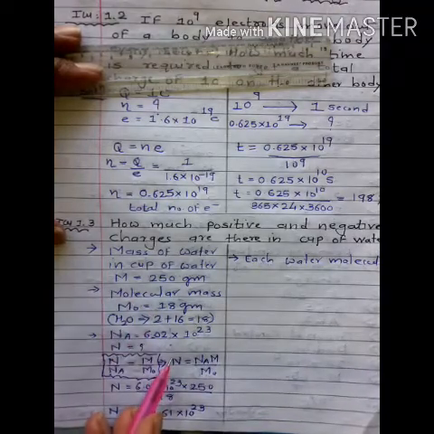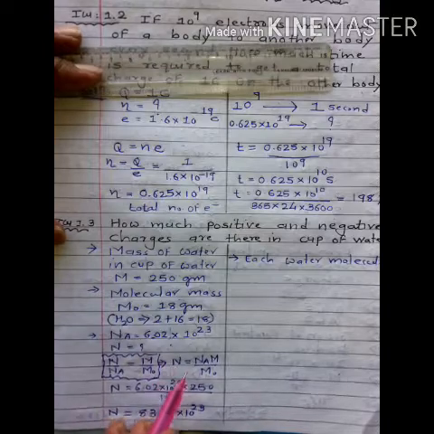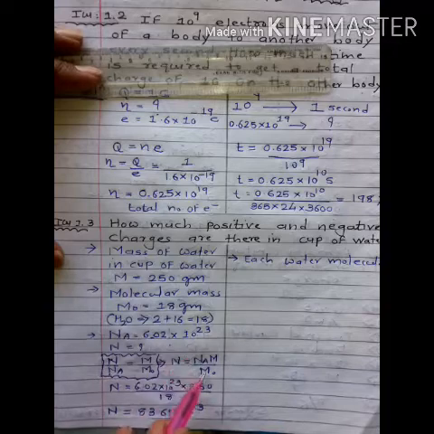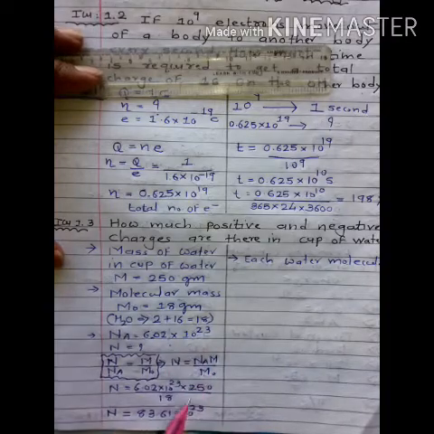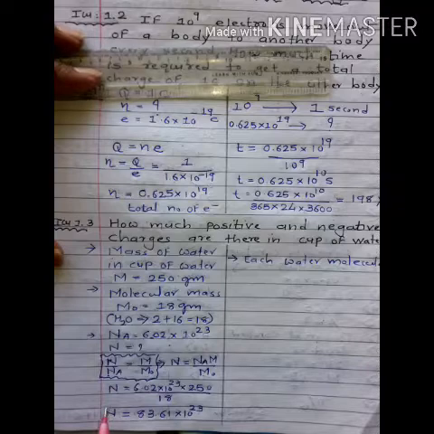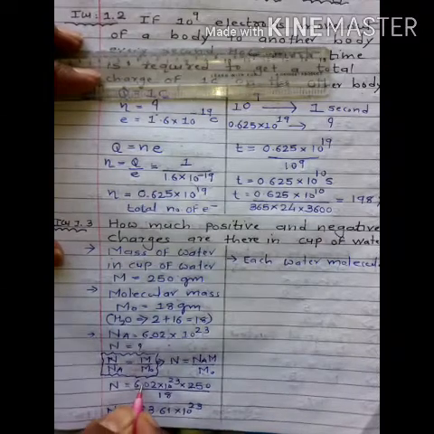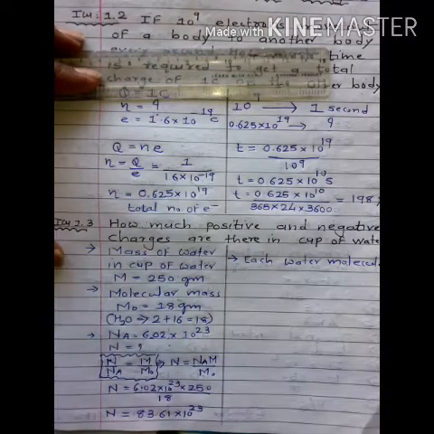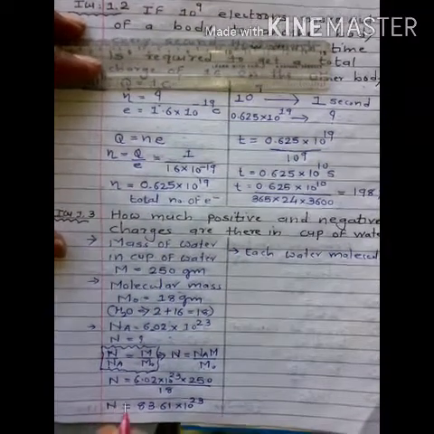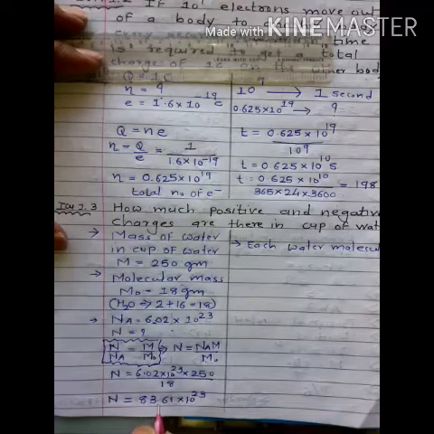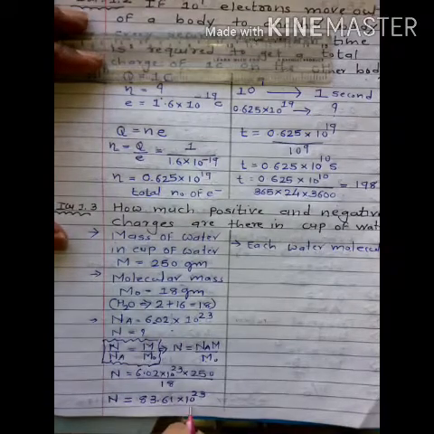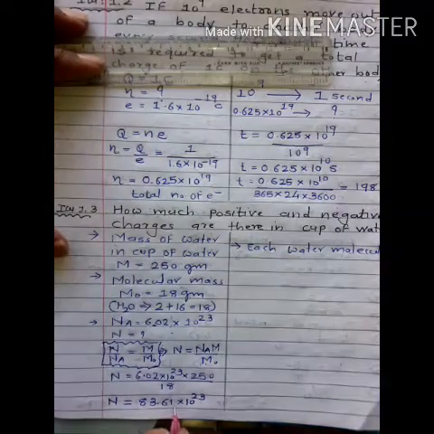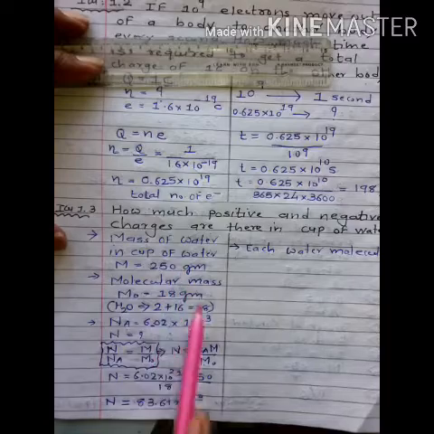Here we want the value of N, so make the equation for N. So N is equal to Na into M upon Mo. We have the values of these three quantities, so substitute them. So N is equal to 6.02 into 10 raised to 23 into 250 divided by 18. So your answer is N is equal to 83.61 into 10 raised to 23. So this number of water molecules are present in a cup of water.